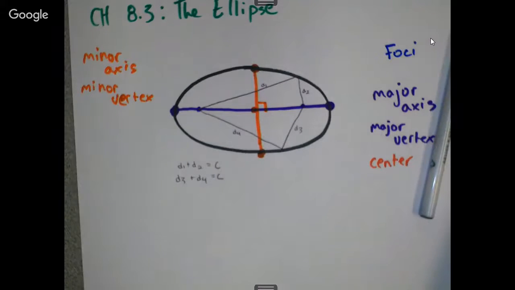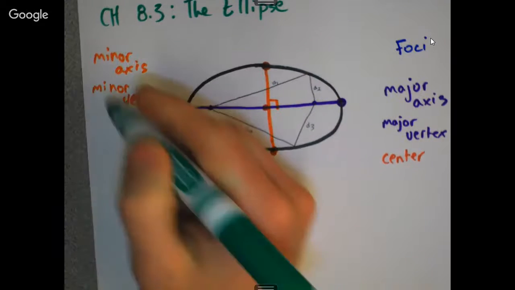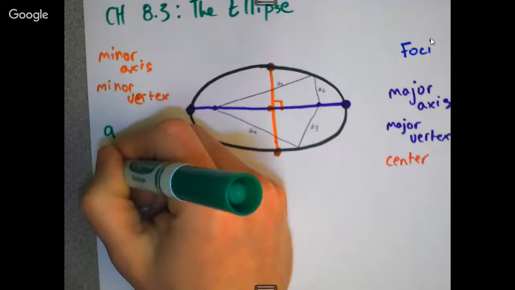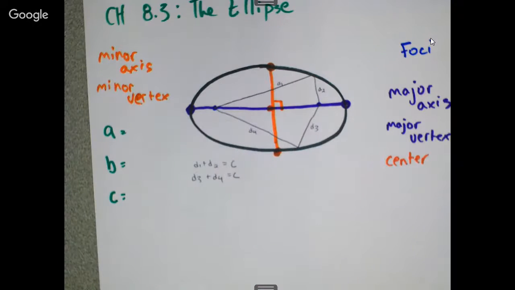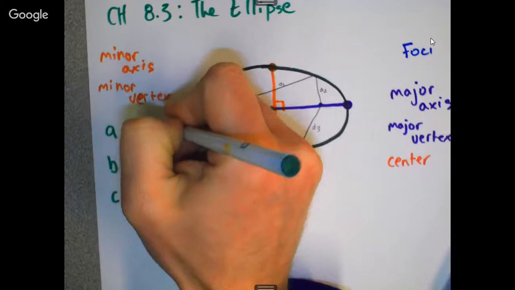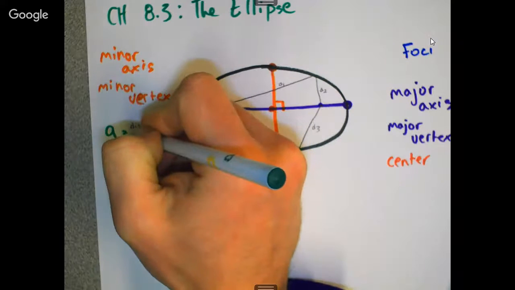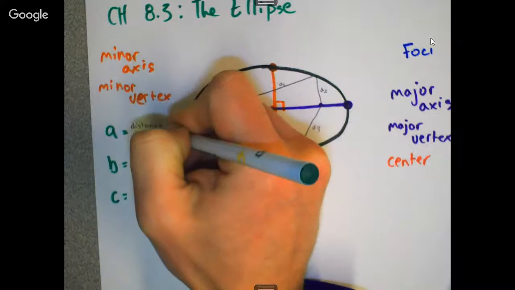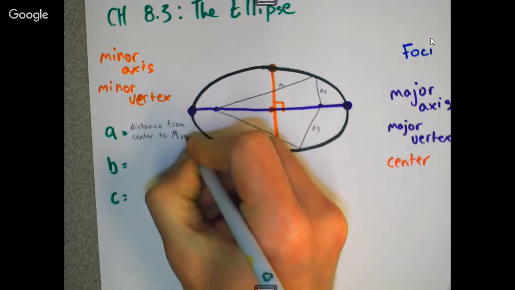So there's a couple other measurements we want to know, and we will label those A, B, and C. Okay, so A is the distance from your center to your major, and I'll use a capital M for major, vertex.